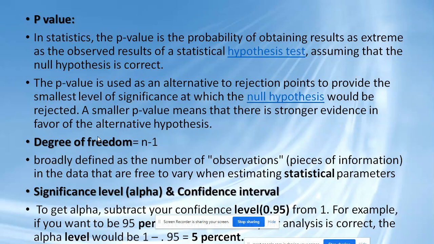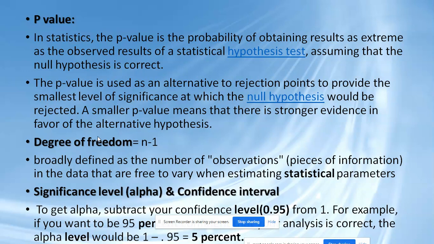Okay, the next is degree of freedom. There is something called degree of freedom. So degree of freedom is defined as n minus 1. Okay, what is n? N is nothing but sample size. Suppose your sample size is 300 respondents.